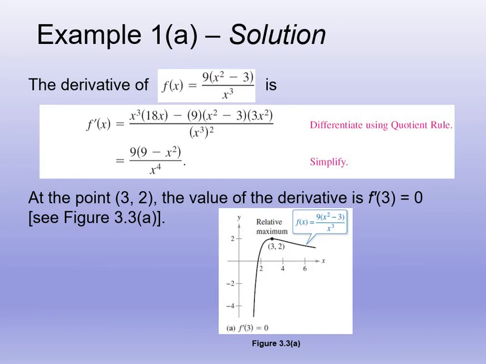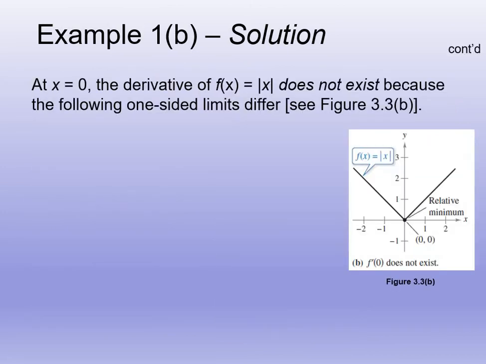So we know that we have a horizontal tangent line there, and that tells us there is a minimum or a maximum there. When we take 3 and plug it back into the original function, 9 times x squared minus 3 divided by x cubed, we get a y value of 2, which gives us (3, 2). So our relative maximum occurs at (3, 2).